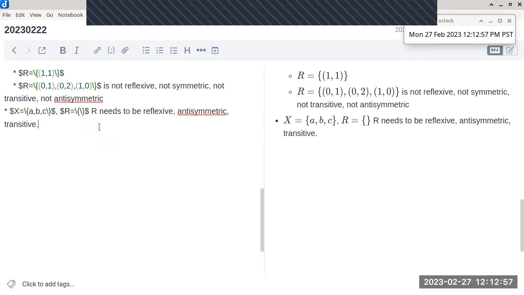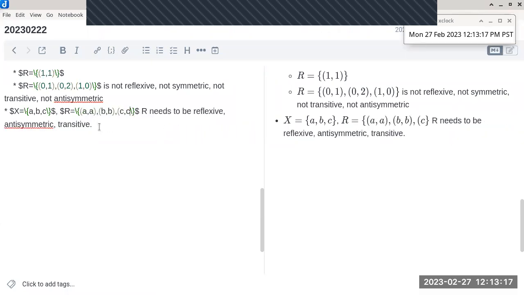Yep, AA, BB, CC, they all need to be in the relation in order to be reflexive. That means I do not have a choice here. I must have those items. So I'm going to go back to define R to contain AA, BB, and then CC. In other words, each element of X relates to itself. That's what it means to be reflexive.